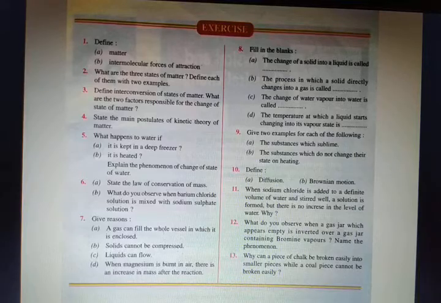Another thing I want to tell you: I discussed the questions with you, but there are certain questions, for example question number 6b, question number 7, question number 10b, 11, 12, 13, for which you will be provided with solved papers.